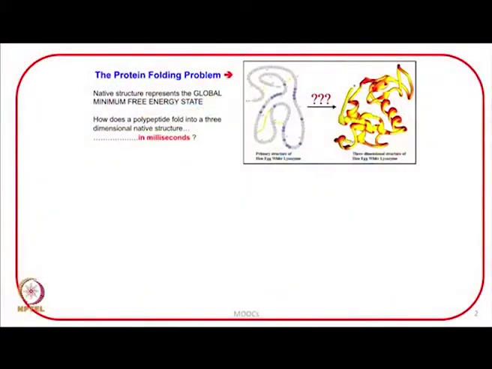Let's take a look at this slide. We are revisiting the protein folding problem. The protein folding problem is how this primary sequence folds into a unique three-dimensional conformation. This question mark is the protein folding problem: why does it fold into a unique three-dimensional conformation?